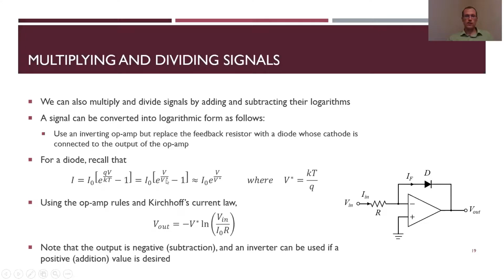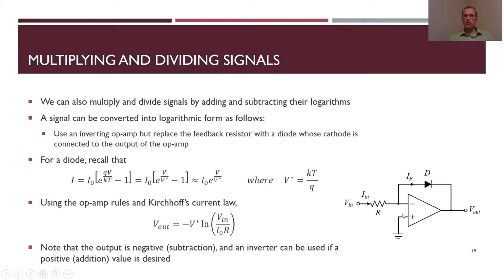Generally call that V over V star, and V star is those constants. And then usually V over V star is fairly large. So if that's fairly large, this first term is much bigger than 1, so we don't really need to worry about subtracting 1 out of it. Just get rid of that minus 1. So my current through the diode is I0 e to the V over V star.